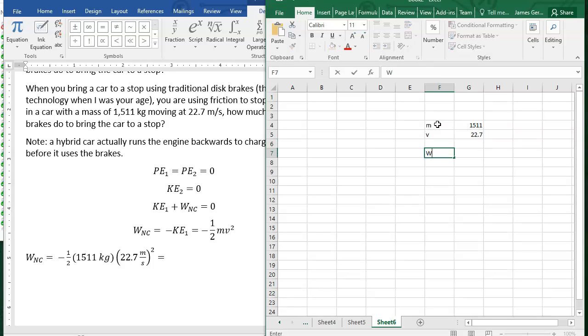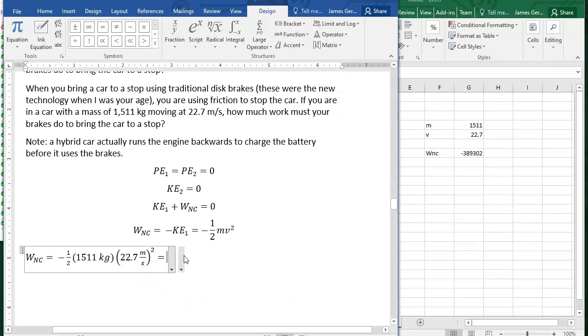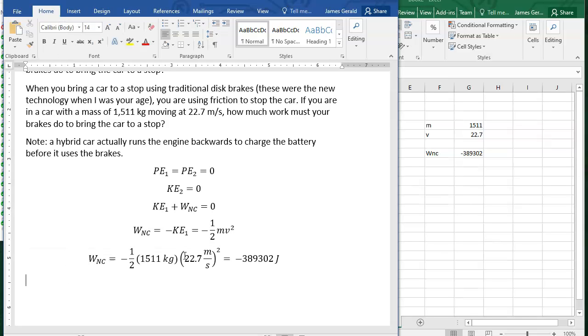And so the work from non-conservative forces is minus 0.5 times 1511 times 22.7 squared. So minus 389,302 joules of work has to be done to bring you to a stop.